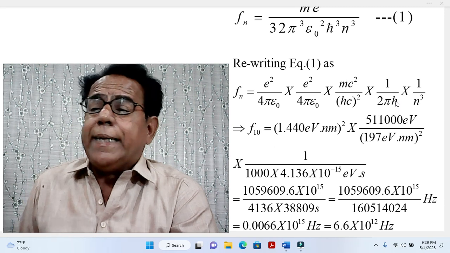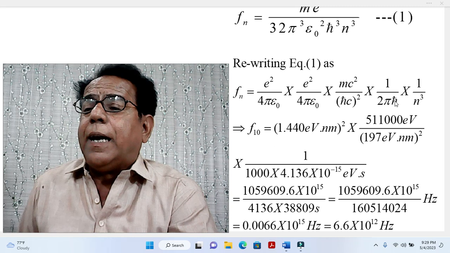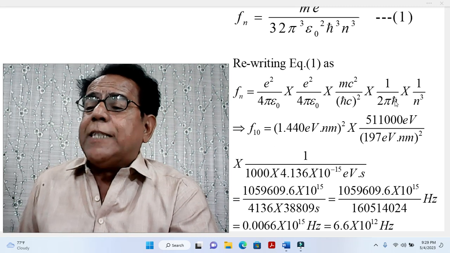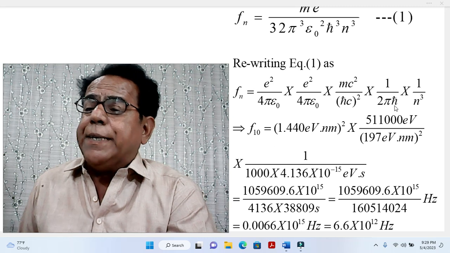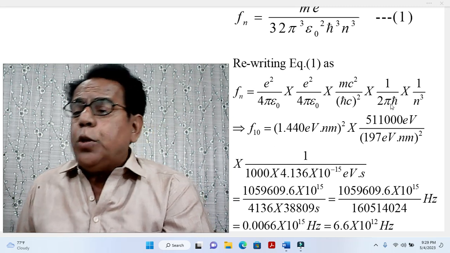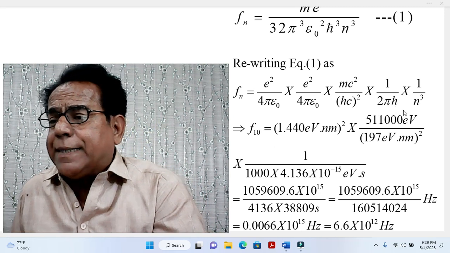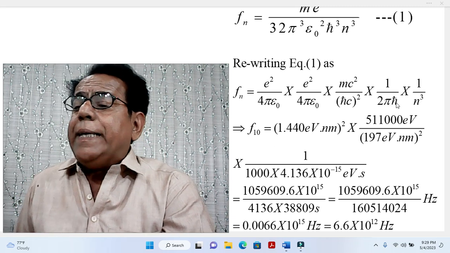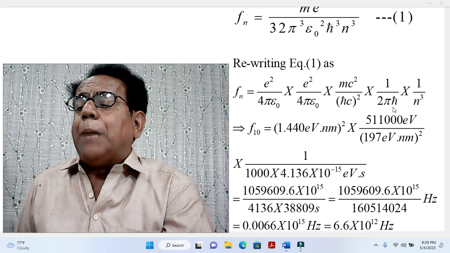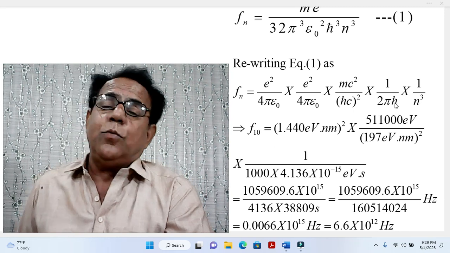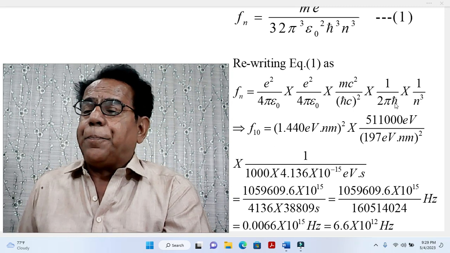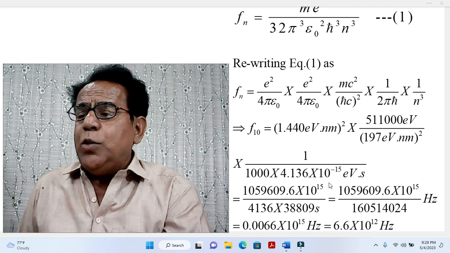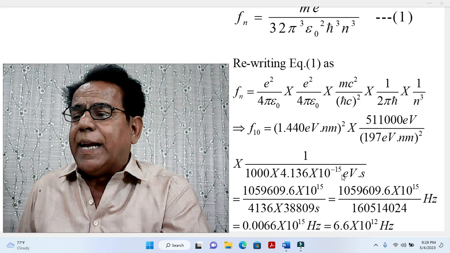We know that h cut is equal to simply h, that is Planck's constant, divided by 2 pi. So this 2 pi will be cancelled with this 2 pi, and hence 2 pi h cut will become equal to simply h. That is why the value of Planck's constant has been used here.